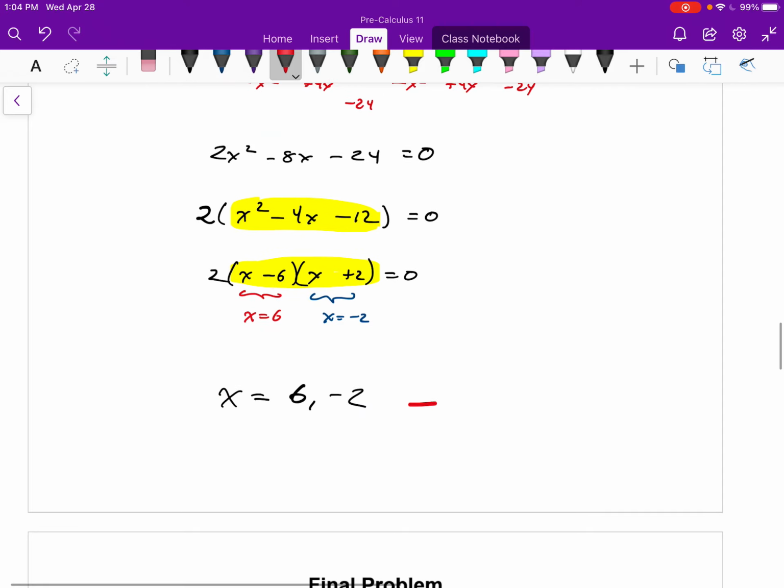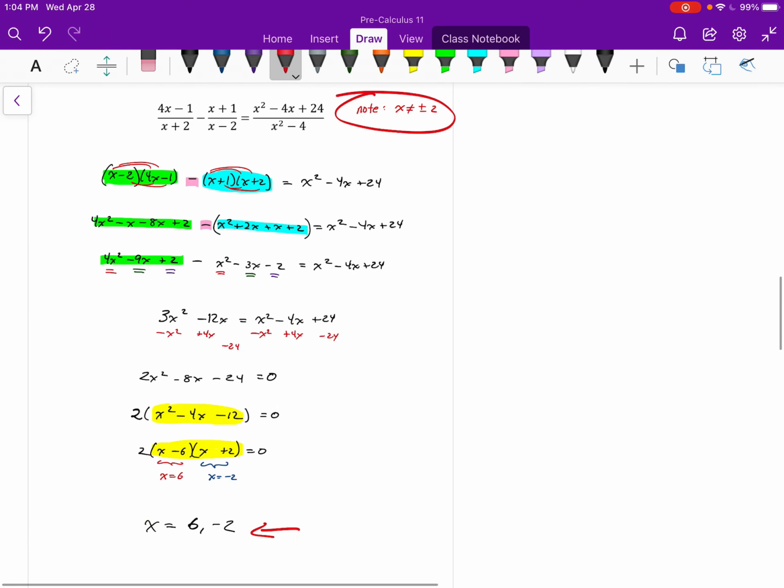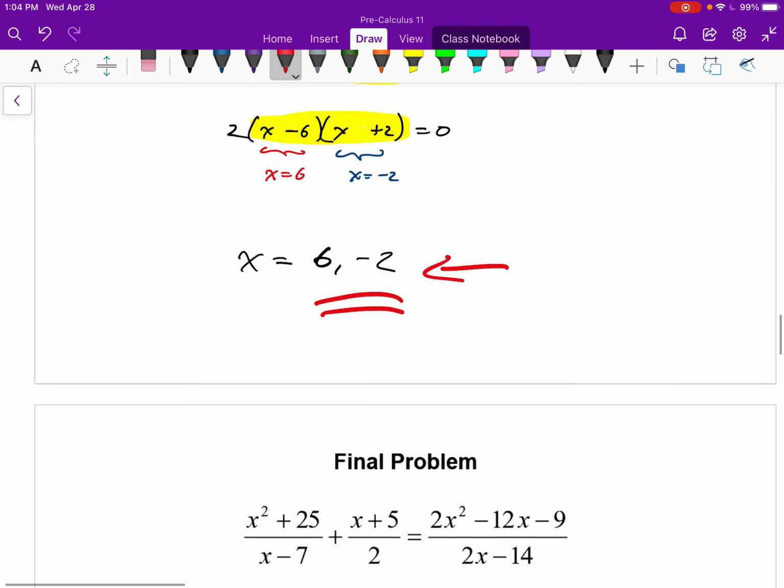And now, once I get to this step, just take a moment to look back to our restrictions and think, is one of these in my restrictions? Well, yes, -2 is. And so 6 is OK, but -2 cannot be one of my solutions. Because again, I can just see from the start that I can't actually replace x with -2 in most of these expressions.